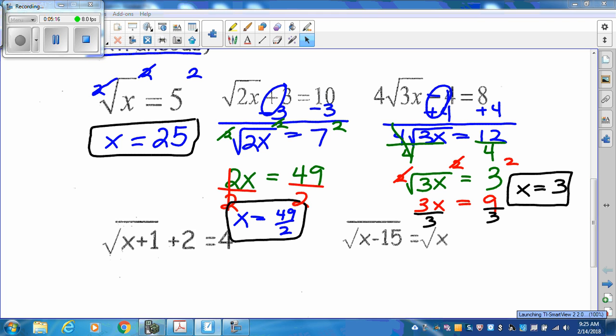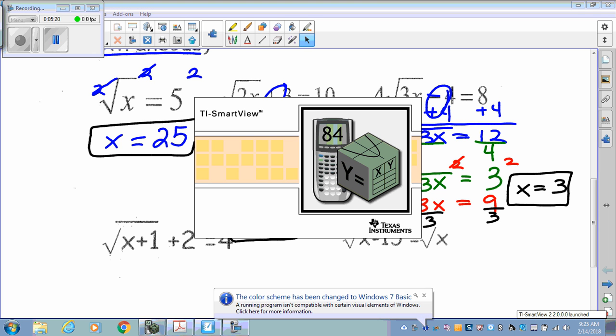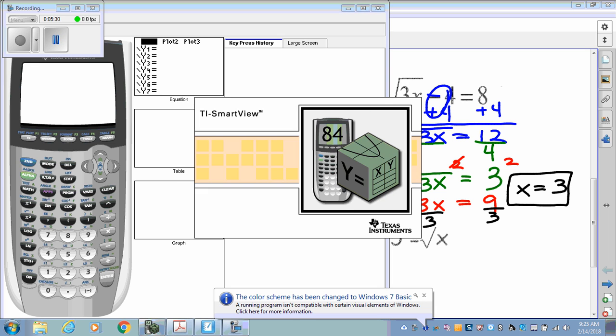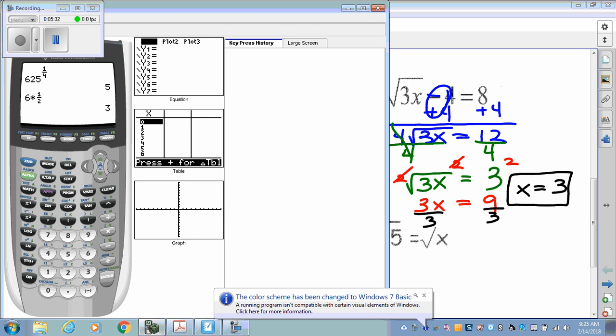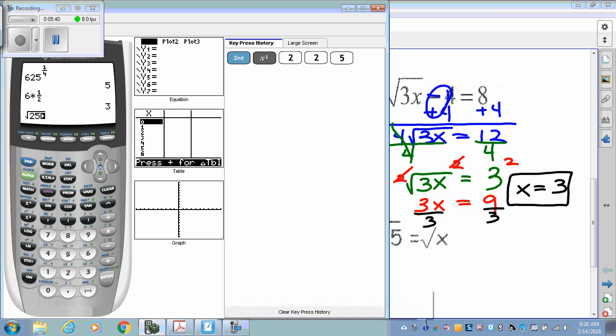So for the first one, I got x equals 25. I'm going to substitute back into my original equation and see if it makes it true. And if it makes the original equation true, then it's not an extraneous root. My original equation was the square root of x, which I solved to get 25.